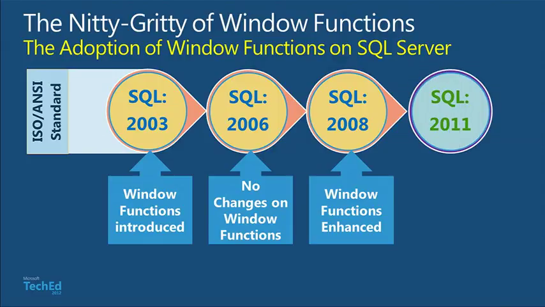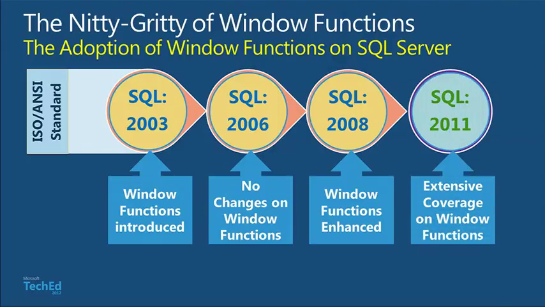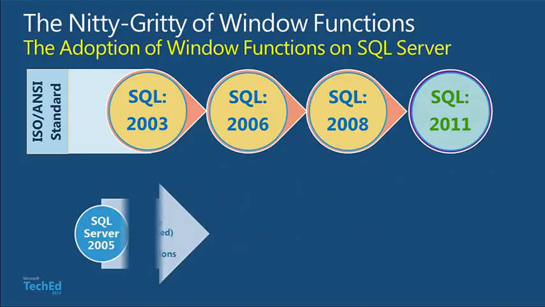The latest standard is 2011, just last year. There is very rich and extensive coverage of window functions. So we can see from this standard trend that window functions are becoming more and more important, and will be the future of T-SQLing.